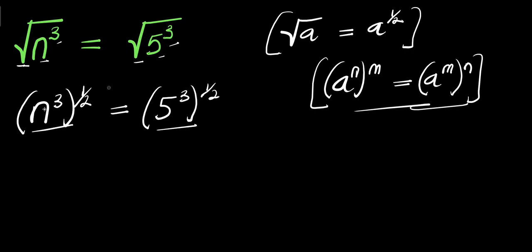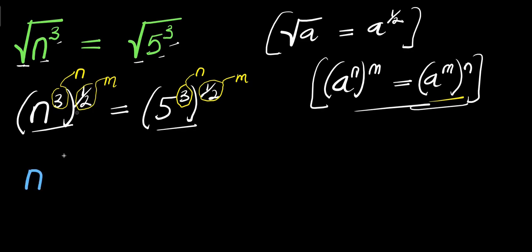That means that the 3 is our n, this is our m, this is our n. So we apply this right here. Then you have the power m will come inside, that is 1 over 2 raised to the power of 3.